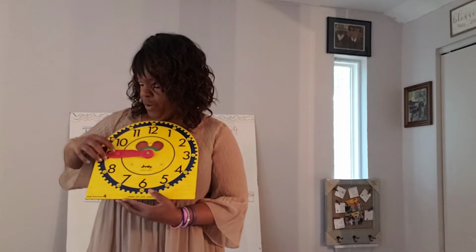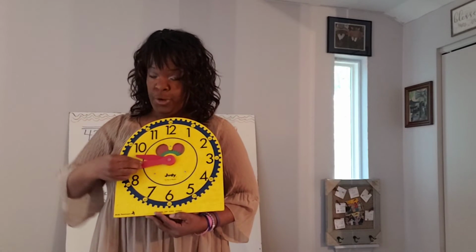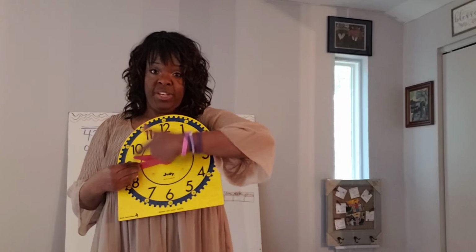So 9:45. Okay. How else would I write 9:45? I would write it as a quarter till 10. So remember, when you're on 45, you're going to say whatever the next number would be that it's coming up to.